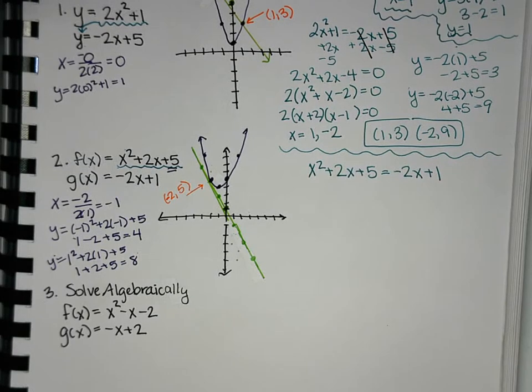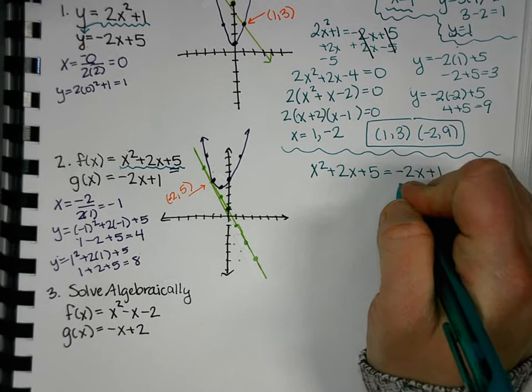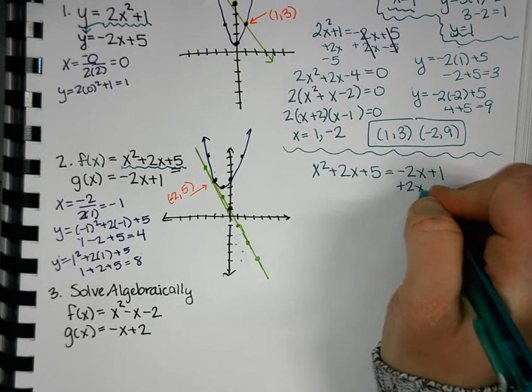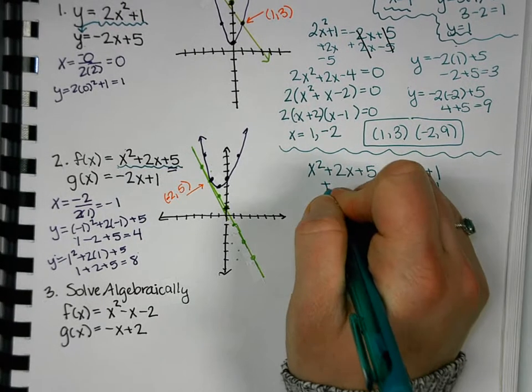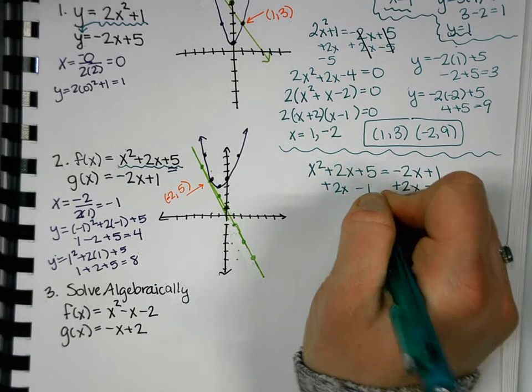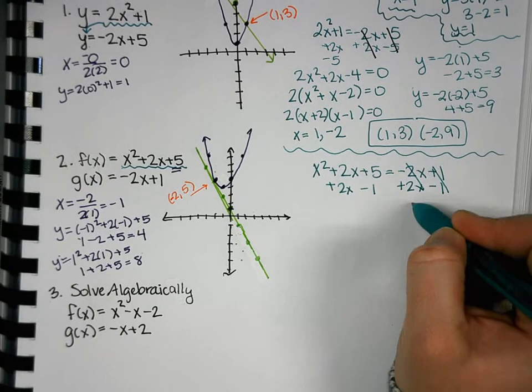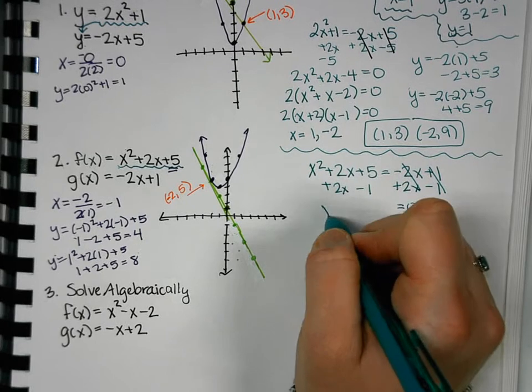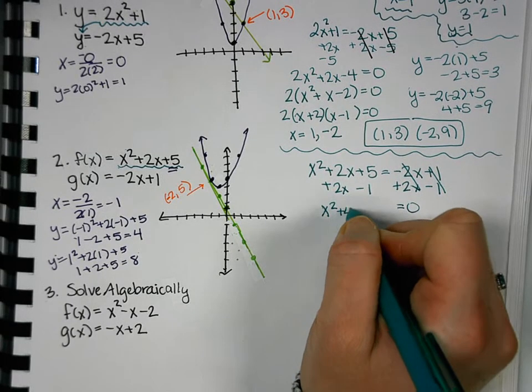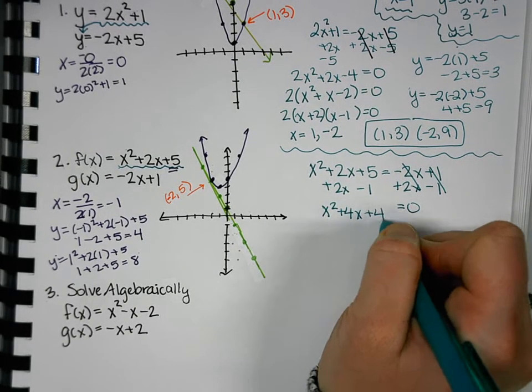We can use whatever method we want: factor, complete the square, quadratic formula, or square roots. So I'm going to move everything to one side to see which one I want to do. I'm just moving over so I can get a 0 on one side, and I get x squared plus 4x plus 4 on the other.